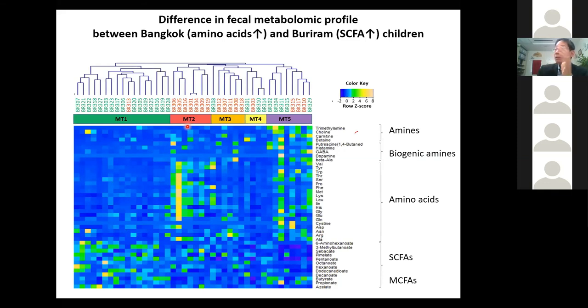Many of Bangkok children's BMI is more than 30 or so, while the children in Buriram is around 20 or so. So maybe the diets are different, and in response to the diet, the gut microbial communities are also different, and the functionality of them is also different, and they may affect a lot on the health condition of the children in Thailand.